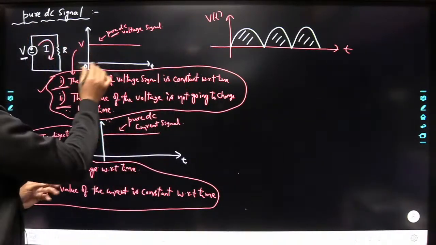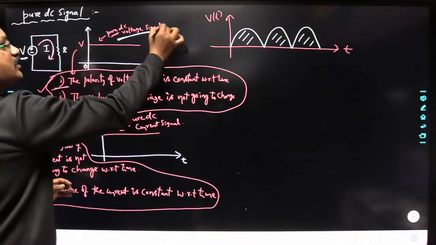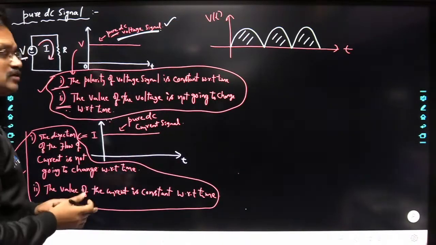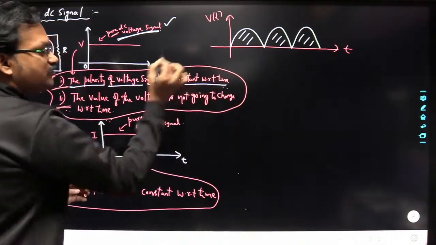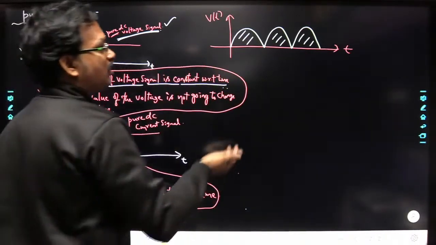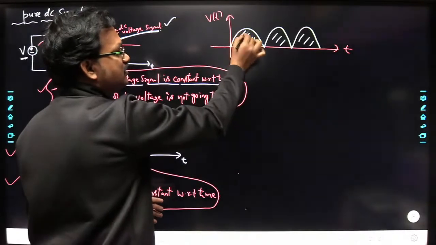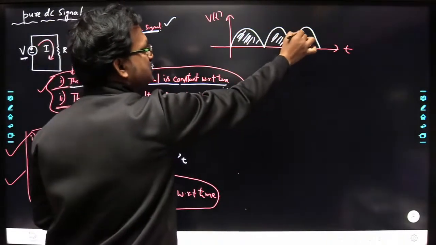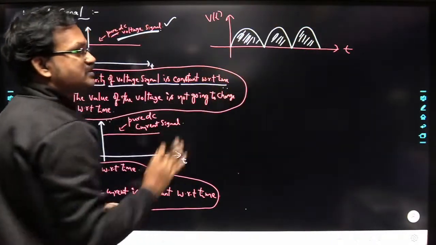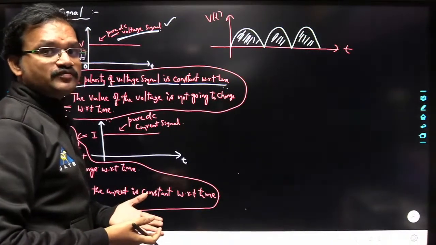What is the condition to consider a voltage signal as a pure DC voltage signal? The polarity of the voltage signal is constant with respect to time. Now here the polarity is positive, positive, positive. That means the polarity is not changing with respect to time.